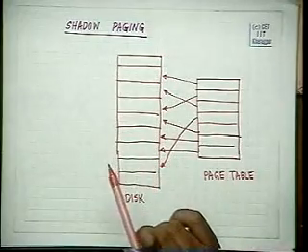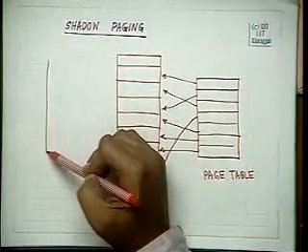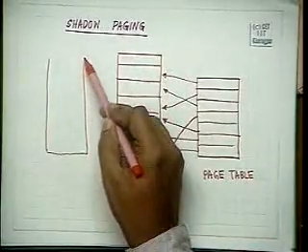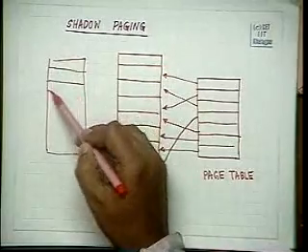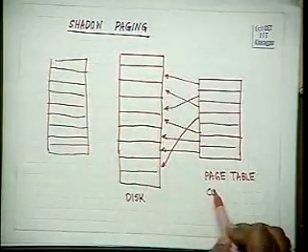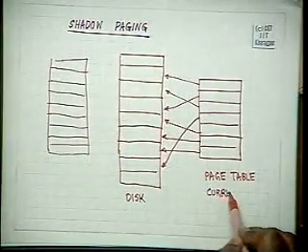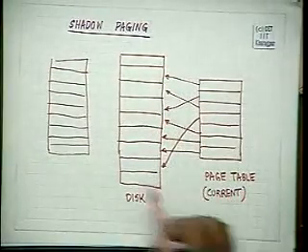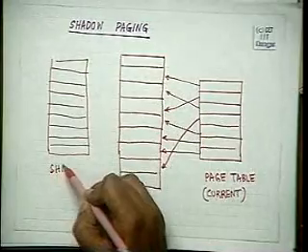The other is the shadow page, which is the state of the page before the transaction Ti was executing on that page. So we have the current page table, and we have another page table called the shadow page table.